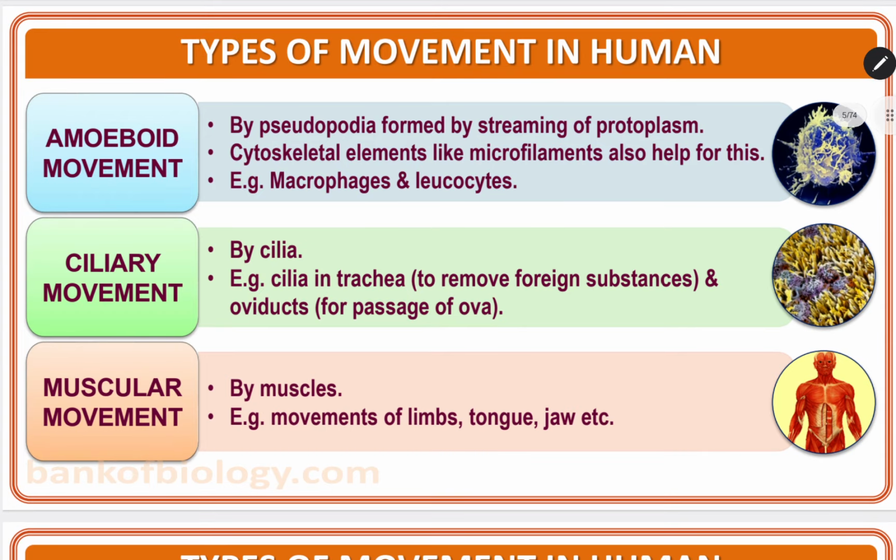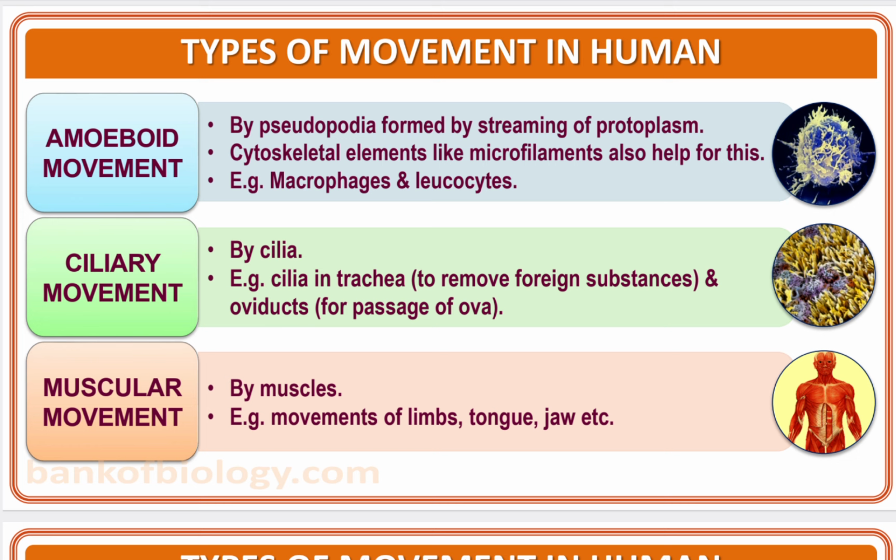Next, types of movement in human. Amoeboid movement, ciliary movement and muscular movement. Amoeboid movement means movement by pseudopodia formed by streaming of protoplasm. Cytoskeletal elements like microfilaments also help for this. Example, macrophages and leukocytes.